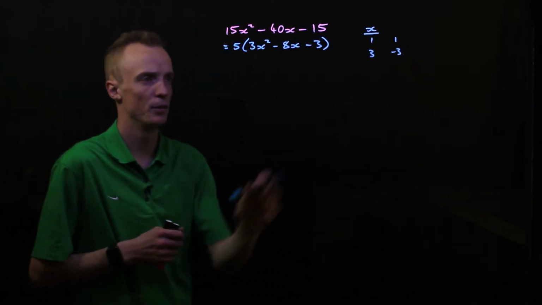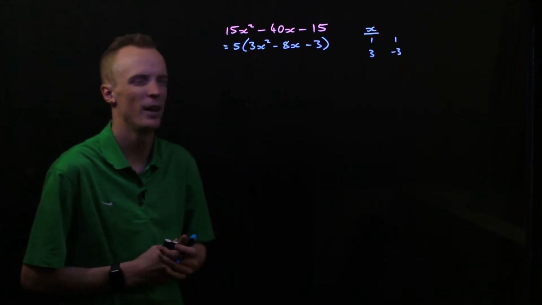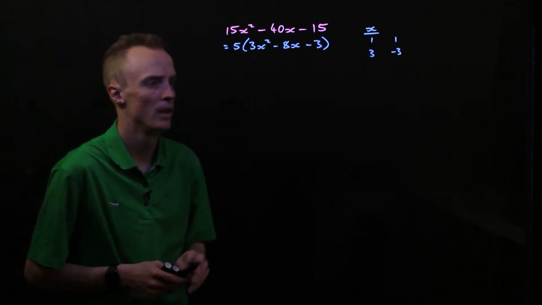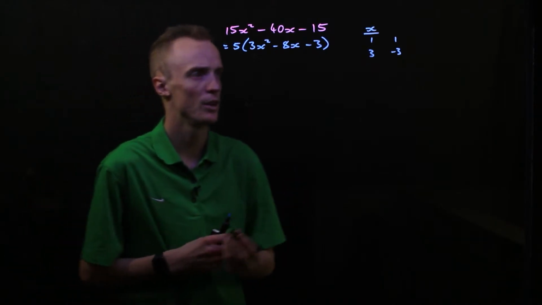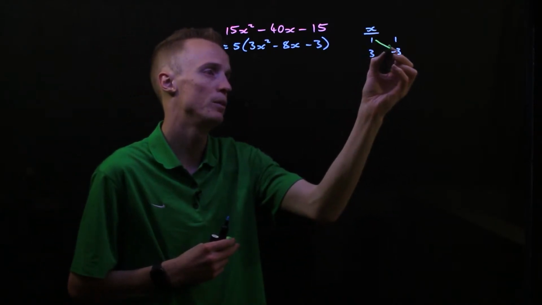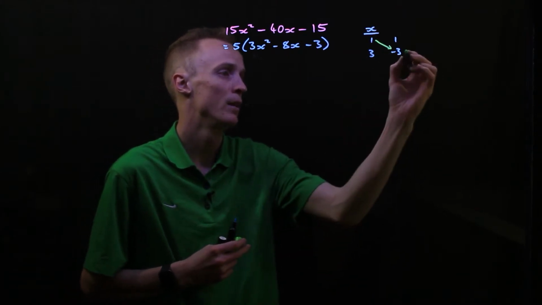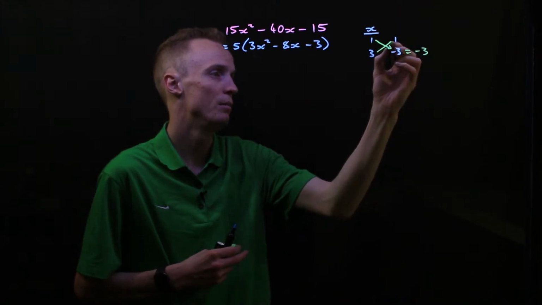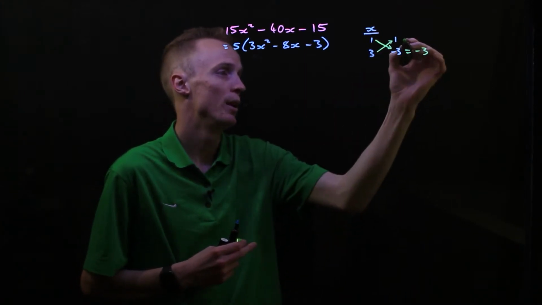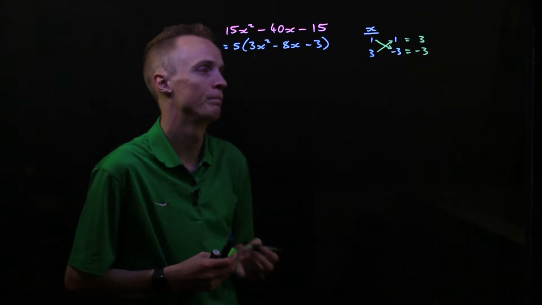So 1 times negative 3 will be negative 3. Let's use this as my starting point. And what I do from here is I now cross multiply. So 1 multiplied by negative 3 will be negative 3, and 3 multiplied by 1 will equal 3.